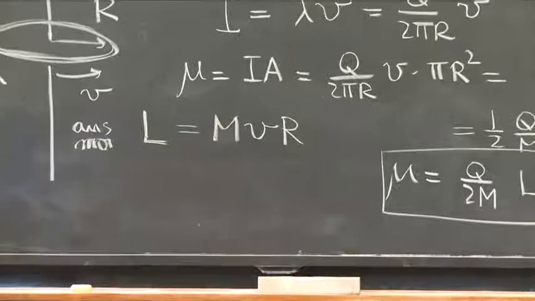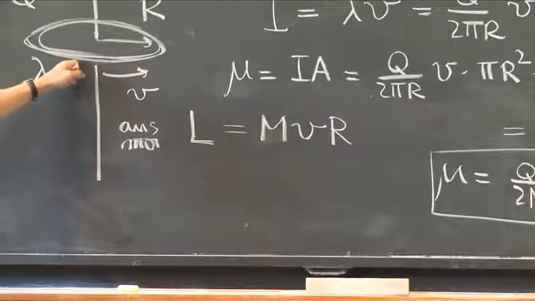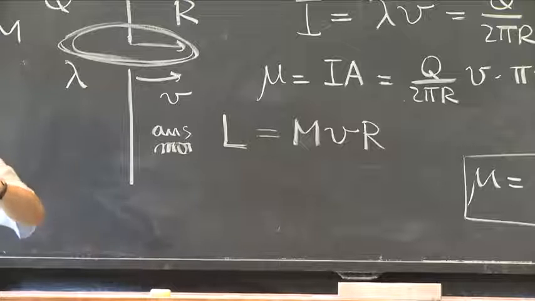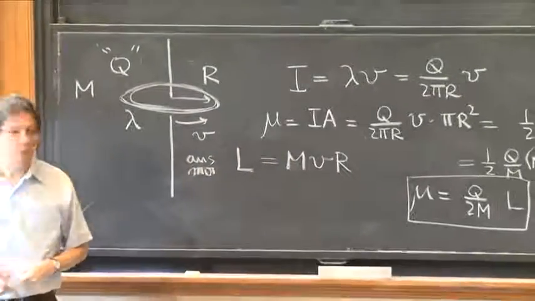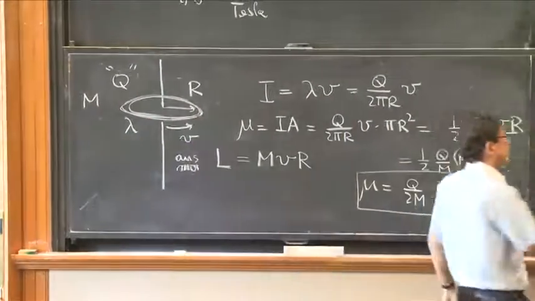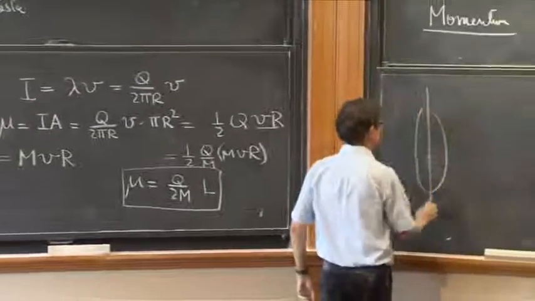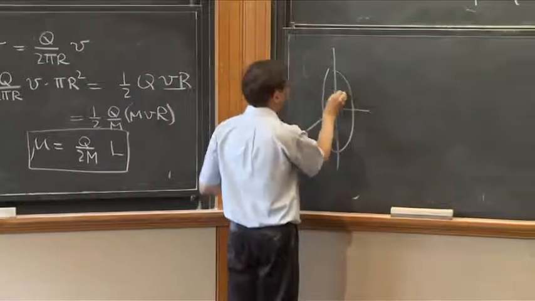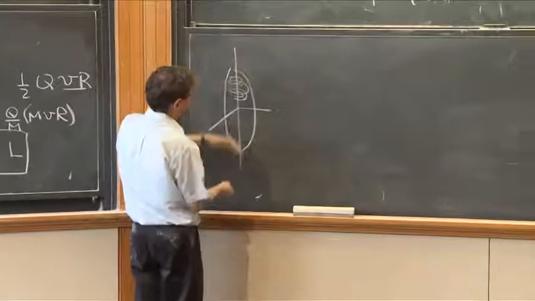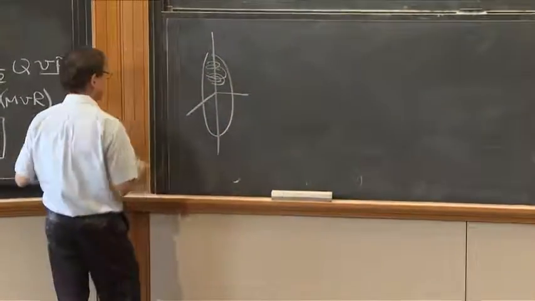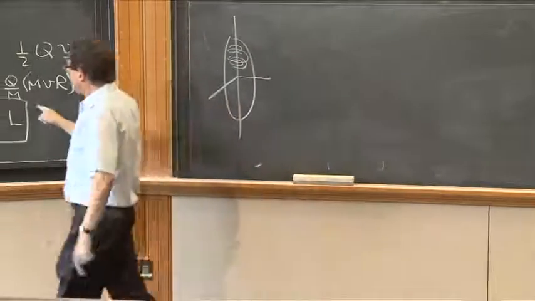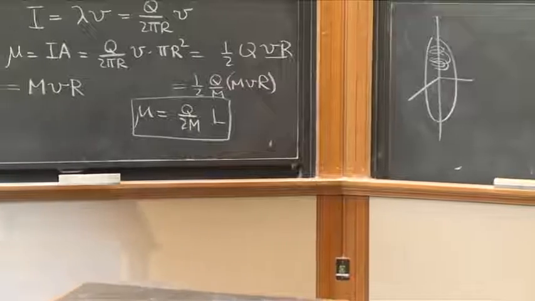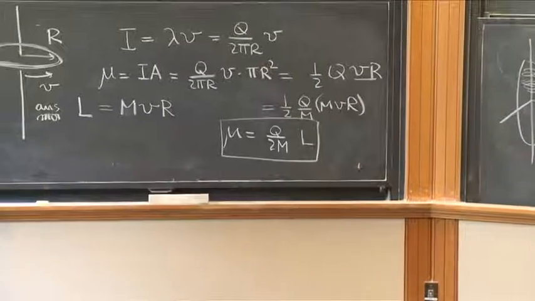So this is actually a universal relation. It's not just true for a little ring. It's true for a solid sphere or any solid object axially symmetric. You could consider any object that is axially symmetric, and then you start considering all the little rings that it can be built from, and for every ring, mu over L is the same, and they all point in the same direction. Therefore, it's true under very general grounds. And that is a very famous relation.